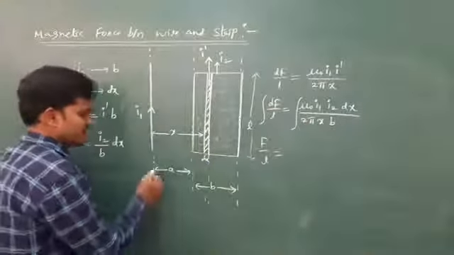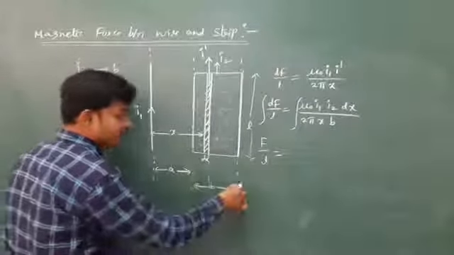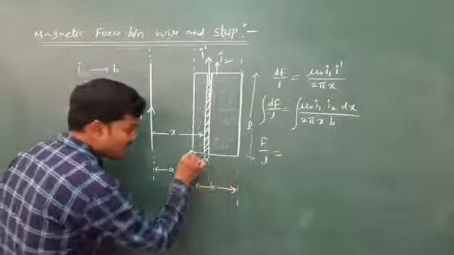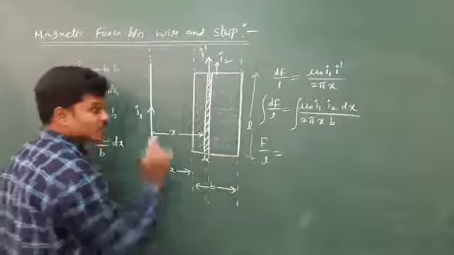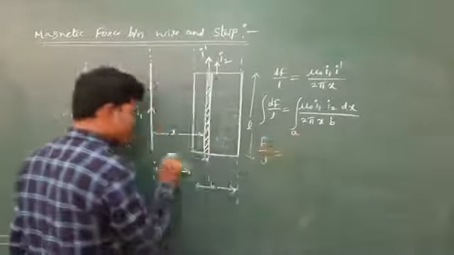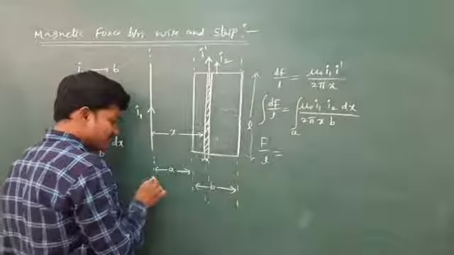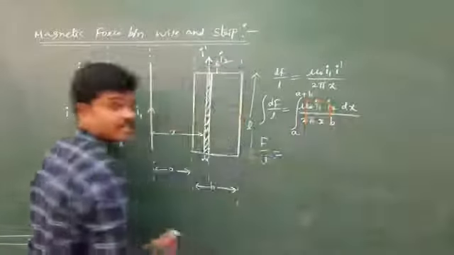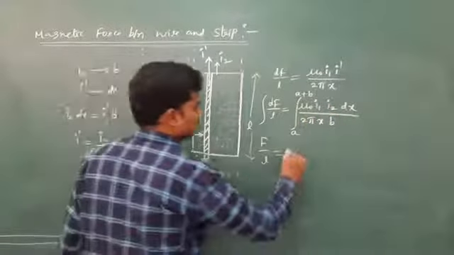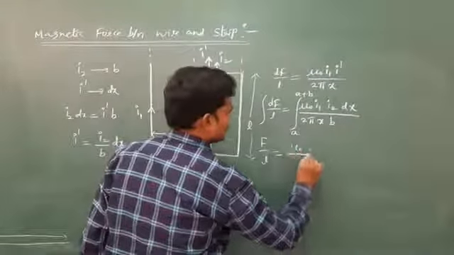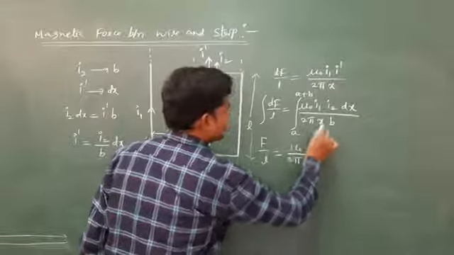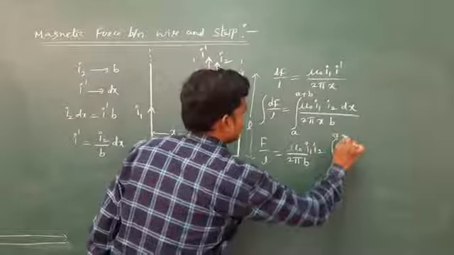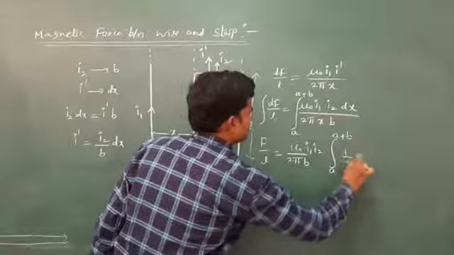The starting limit is A. This B is not from the first wire; B is only the width of this strip. So the limits change here. The starting limit is A, and the ending limit from the starting wire is A plus B. Keep in mind, don't write B directly, write A plus B. F by L equals mu naught I1 I2 by 2 pi B, written outside except x, integration from A to A plus B of 1 by x dx.